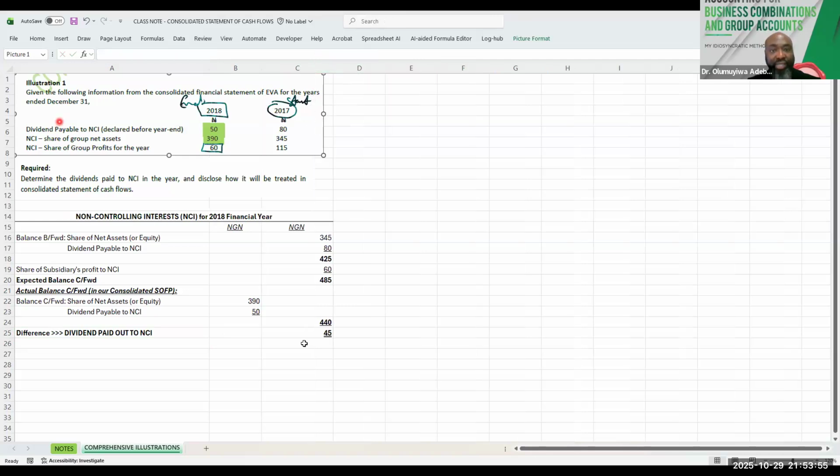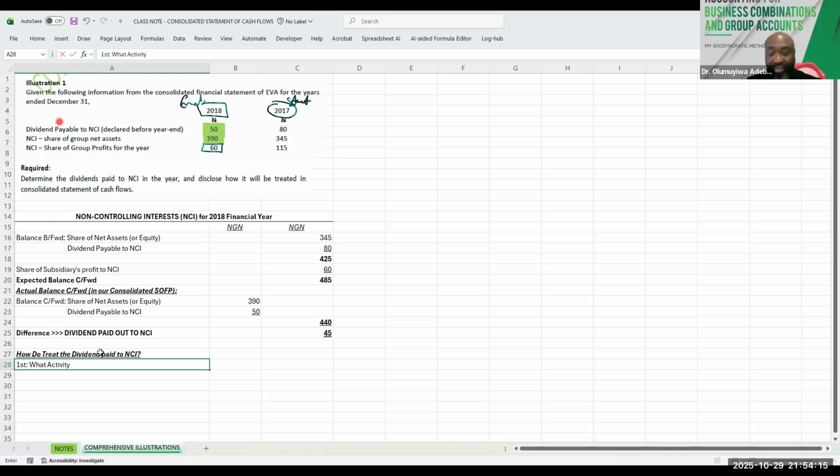Okay, now the question then is, how do we treat the dividend paid to NCI? The first thing is, what activity will it qualify to be? And if your guess is mine, I'll classify that as what activity?